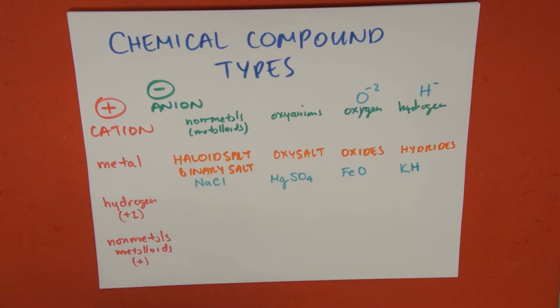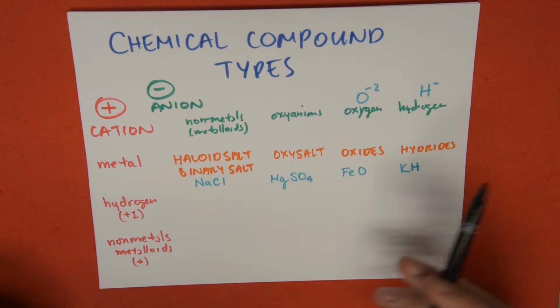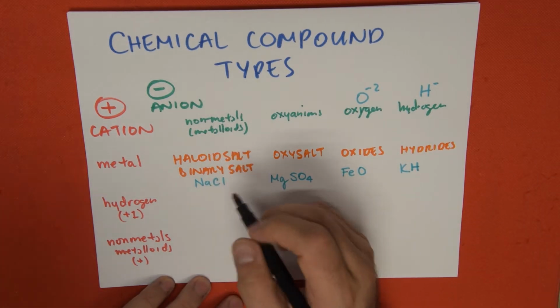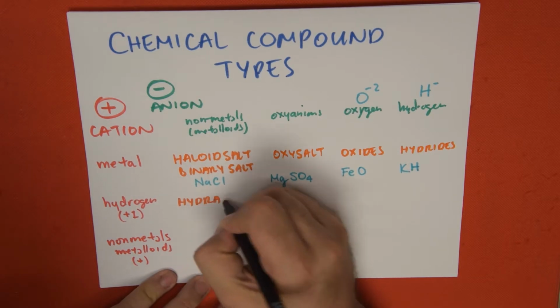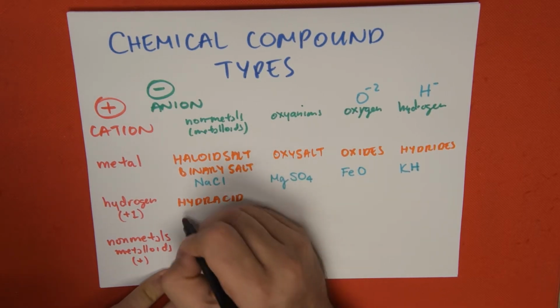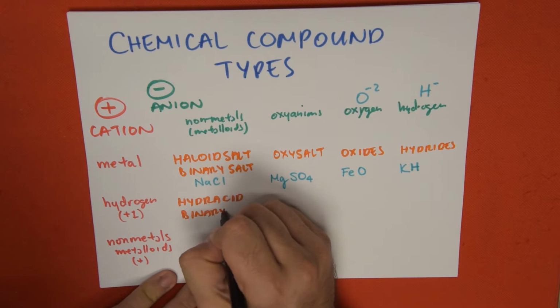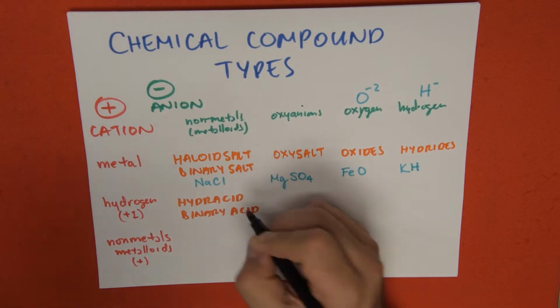When we go down the table, let's speak about hydrogen as a cation. Hydrogen as a cation is always going to be +1. And when we mix it with a non-metallic anion, we're going to get something called a hydracid or a binary acid. Why binary? Because it's only made up of 2 different types of elements.